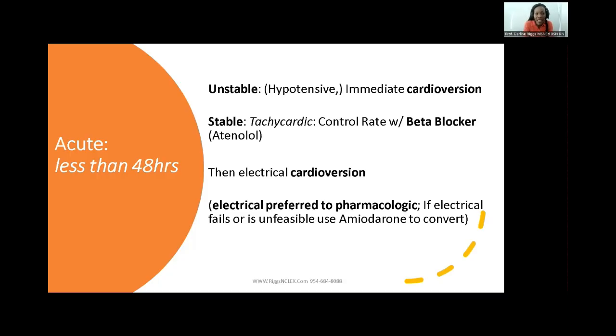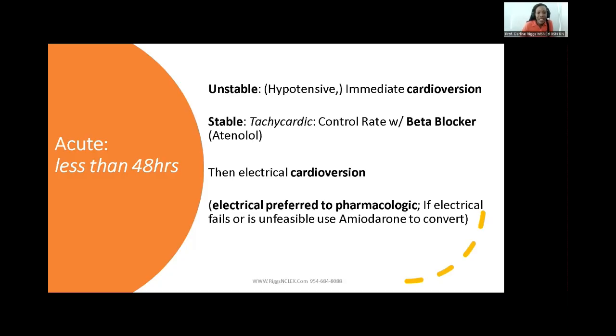How you treat these clients within the first 48 hours is different when they're greater than 48 hours from their signs and symptoms. The other thing you want to look at: are you dealing with a stable or an unstable client? Because your intervention is different. You see how these are higher level. You have to know your material and have a strong foundation on the things that we've just done in order to answer these questions correctly.